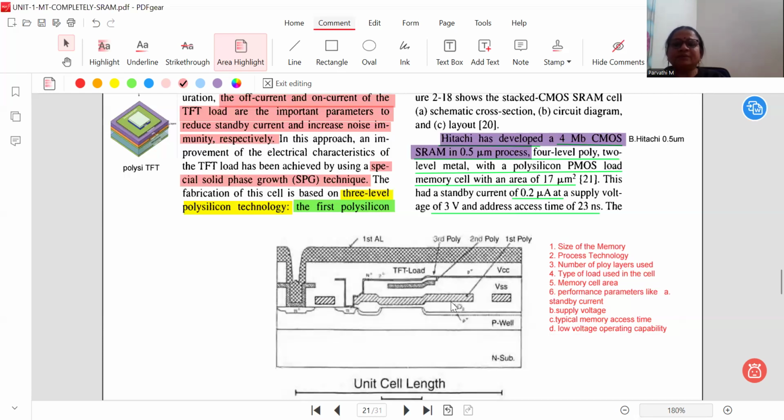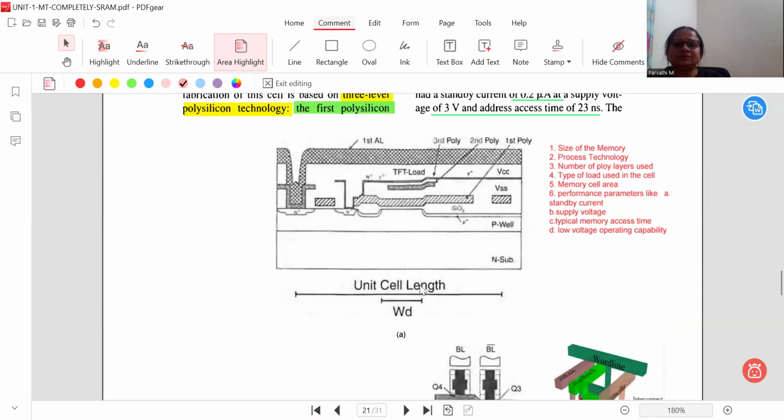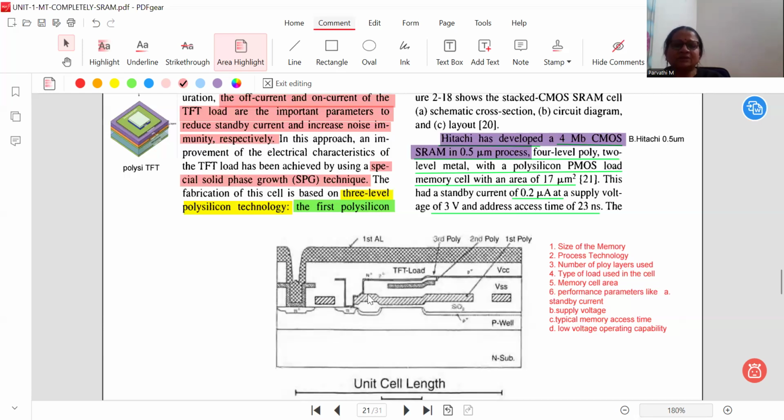Then at the same time, the type of load, whether it is, as in the case of 1 MB, what we have seen: resistive load, or PMOS transistor as load, or TFT as load. The type of load is also a concern, and then the memory cell area. Here, if you observe the construction of this CMOS, the process taken has a cell area of 17 micron meter square.